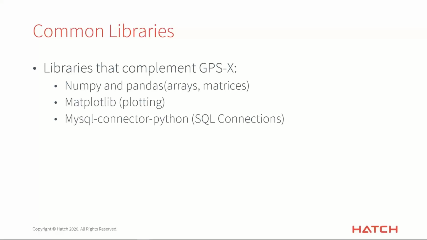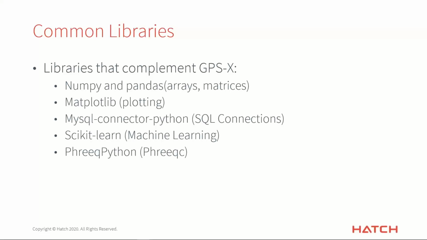MySQL Connector Python is a way to connect to MySQL. We just highlighted this one because it's the one that we most commonly use, but Python has libraries for most flavors of both SQL and NoSQL, depending on what you like to use. Scikit-learn is a terrific library for machine learning applications.